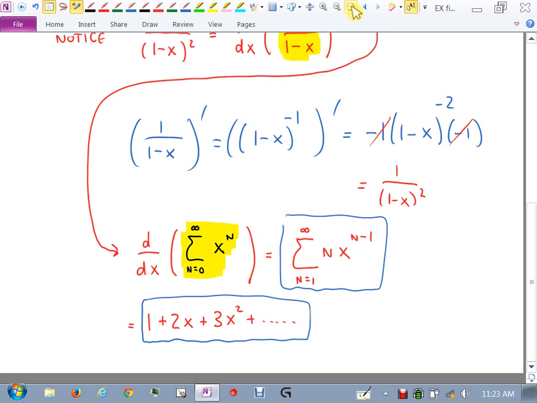Now I want to do one more thing just to show you it can be done. I talked about shifting indexes a second ago, didn't I? Just make a quick note of this, that when we're looking at this was the answer we just got, right? There are going to be times, like very soon, where I'm going to be looking at a power series here, and I'm going to want to make my n down here start at 0 instead of 1.